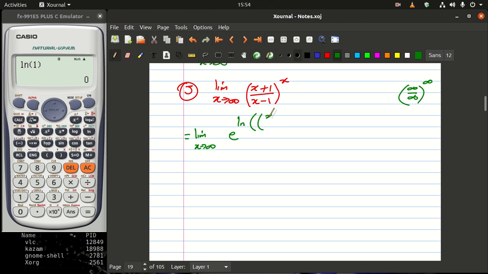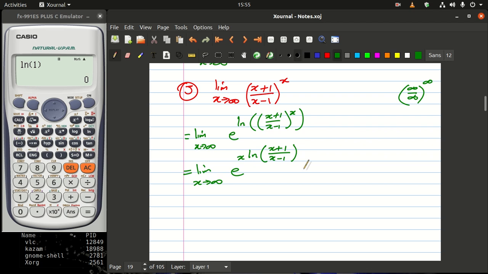So I will end up having ln of ((x + 1)/(x - 1))^x. And then after that, I will have the limit as x approaches infinity of e, and then this exponent can be brought in front of the natural log.